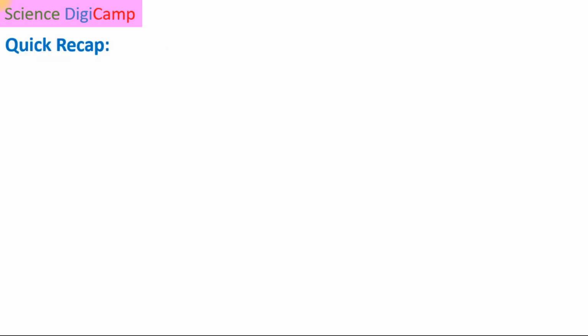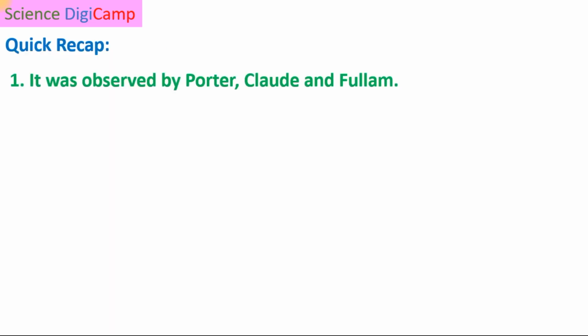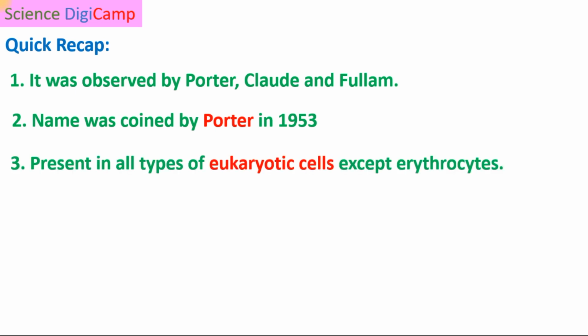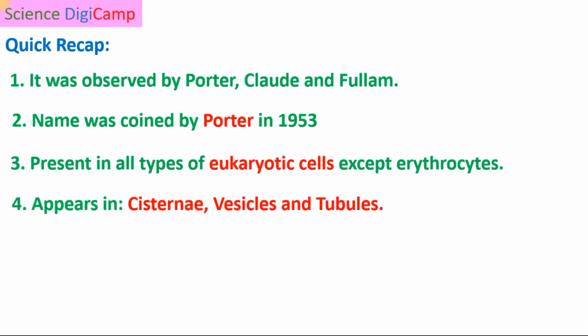Now we'll see a quick recap for today's session. Endoplasmic reticulum was first observed by Potter, Claude and Fulham, and the name was given by Potter in 1953. ER is present in all types of eukaryotic cells except red blood cells. It appears in three forms: cisternae, vesicles and tubules.